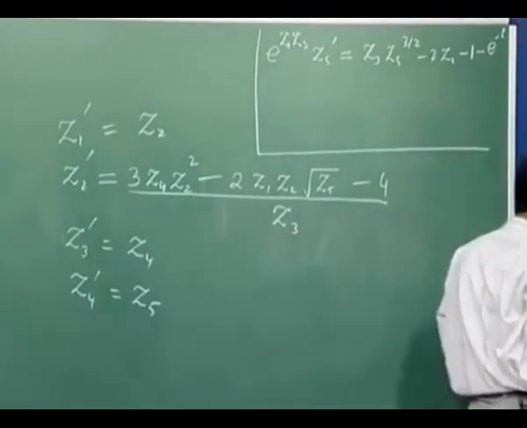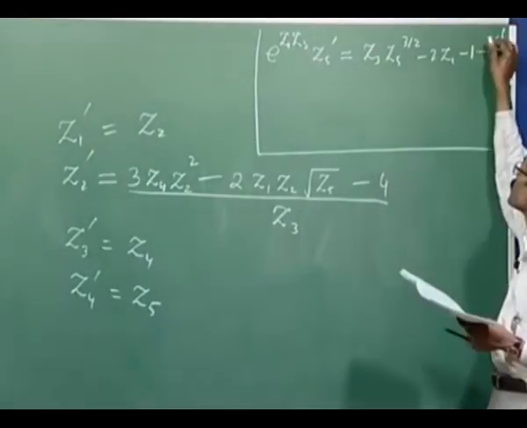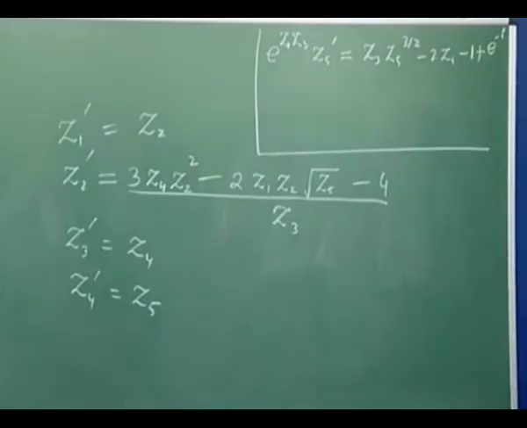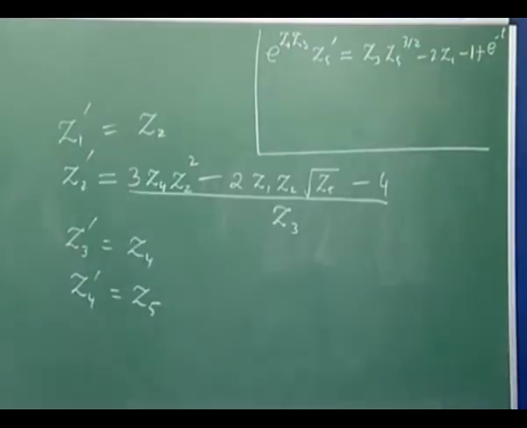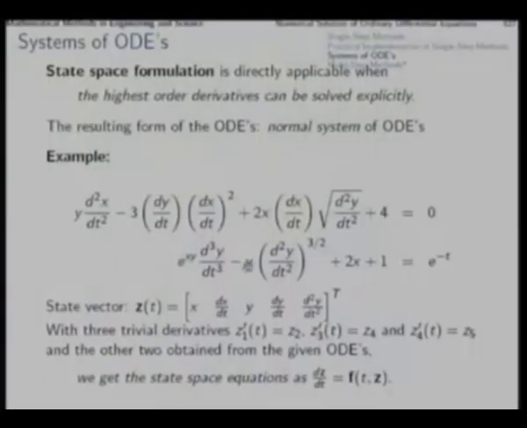Do we get that? So, just read off this: e to the power xy, that is e to the power z1 z3, into this third derivative, which is the prime of z5. So, z5 prime is equal to, so these things we take on the other side: y, that is z3, into d2y by dt square to the power 3 by 2, that means z5 to the power 3 by 2.